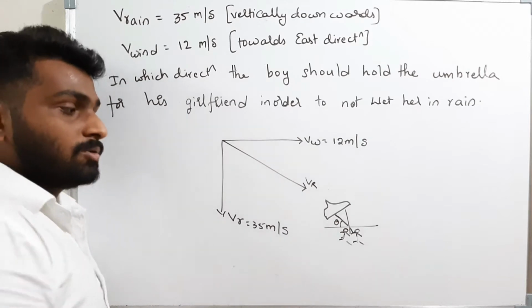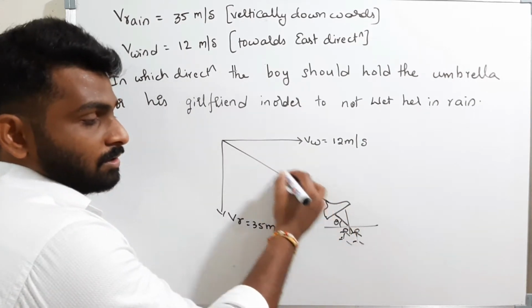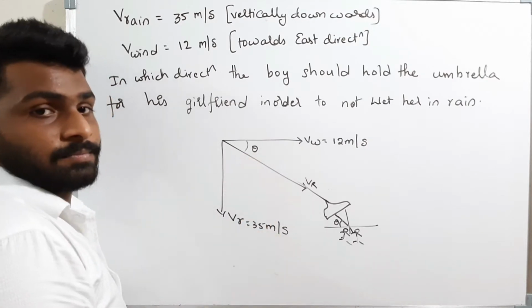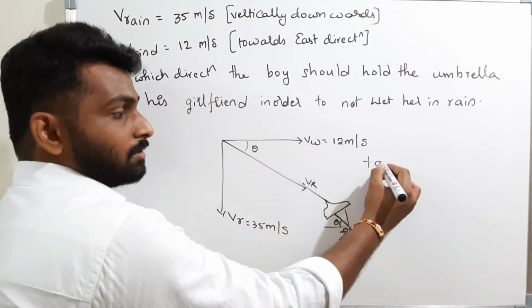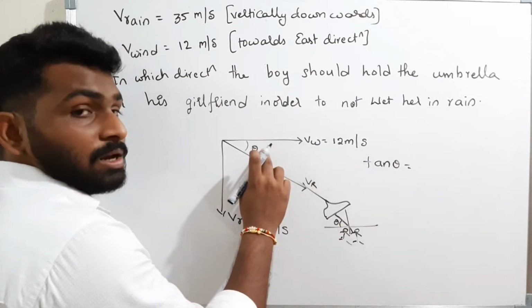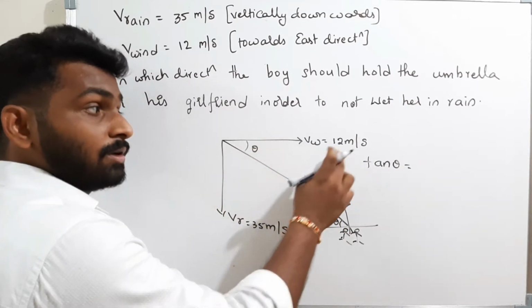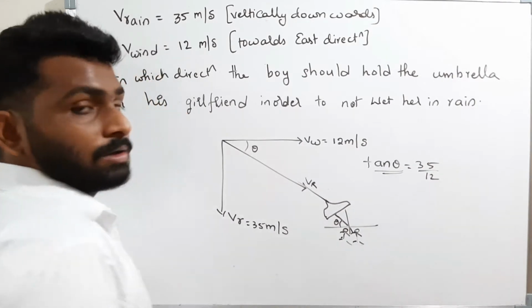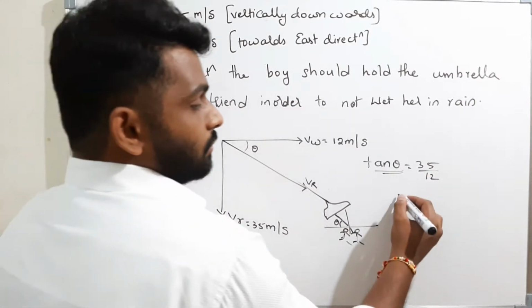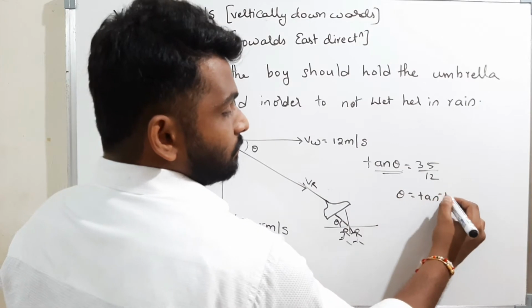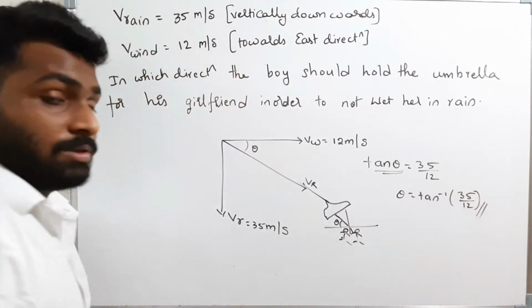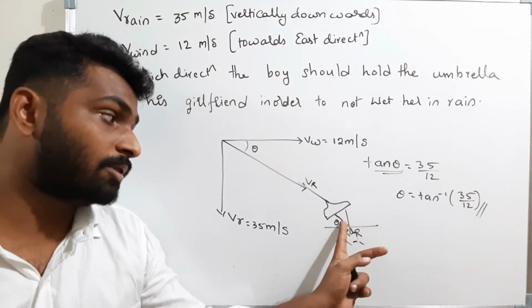If this is theta, then this angle must also be theta. Now what is tan theta? To find this angle, I have to divide 35 by 12. Therefore, tan theta is equal to 35 by 12, so theta is equal to tan inverse 35 by 12. That is the answer. With this angle the boy should hold the umbrella with the horizontal.